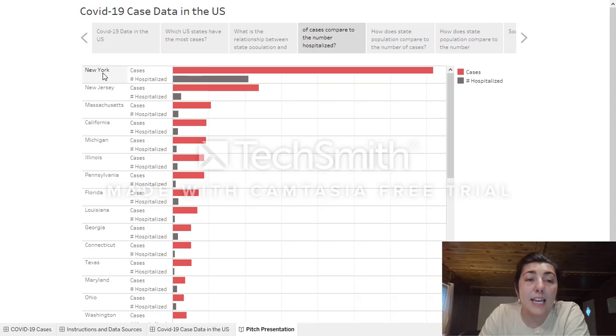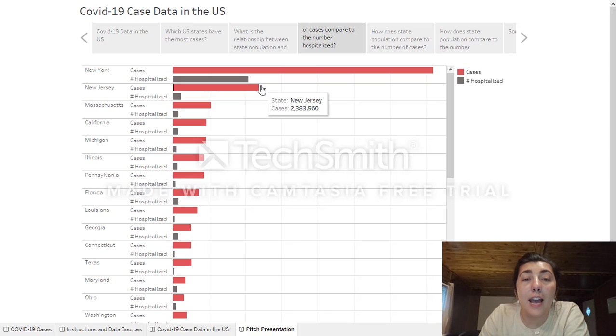So I have the state and then cases and the number hospitalized. New York, obviously, we know that they have the most cases. So their cases are a little over 7 million, and about a third is hospitalized. A little over 2 million people have been hospitalized that contracted COVID.